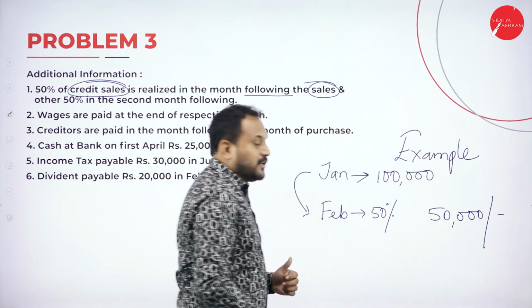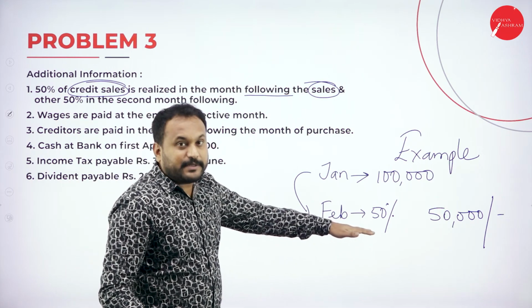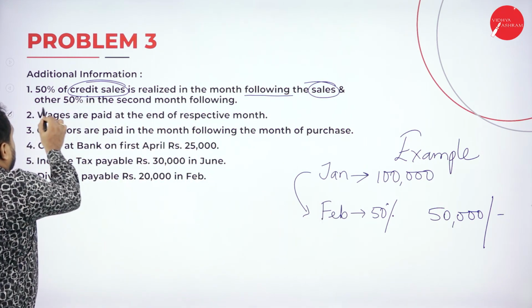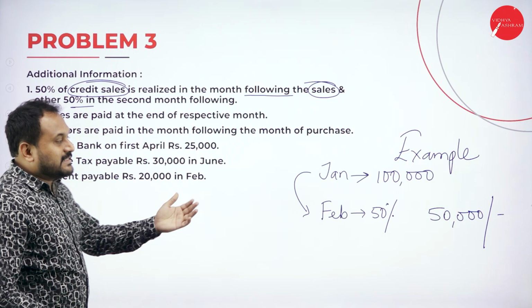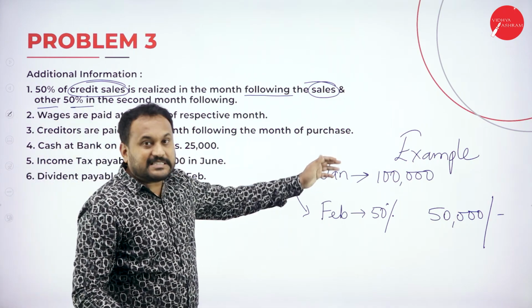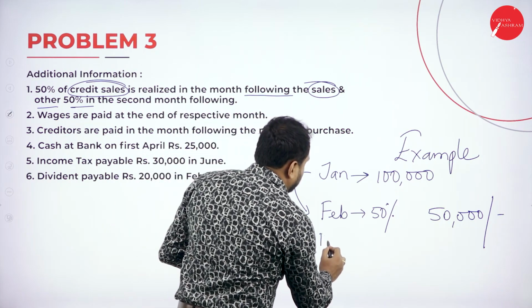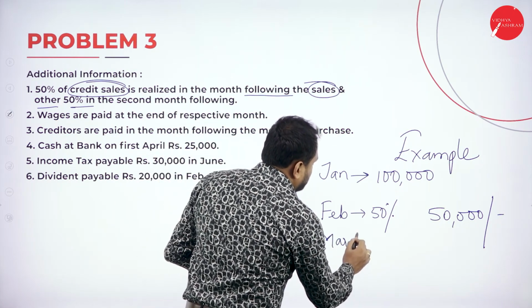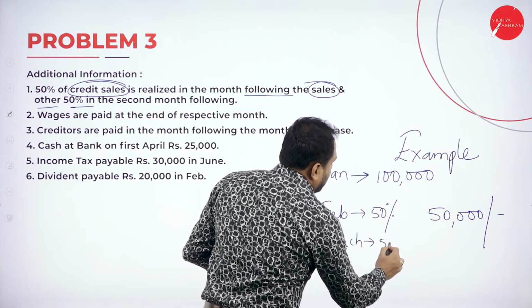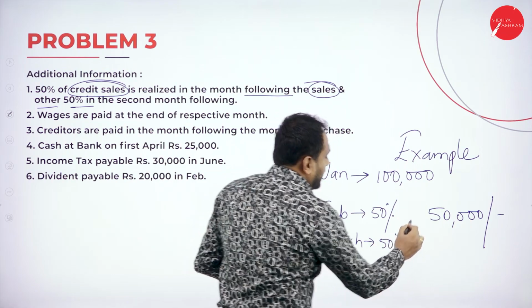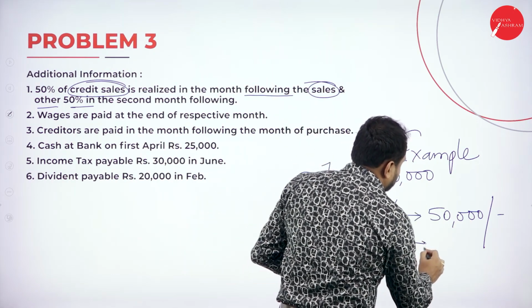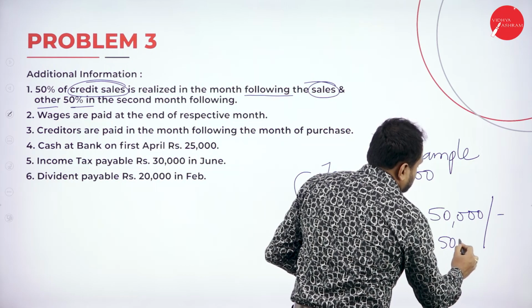Done. Now, the remaining 50% comes in the second month. January's second month is March. So here I'll write March. In March, I'll get the remaining 50%. So again here I'll get 50,000.